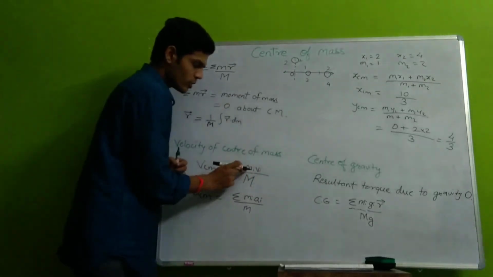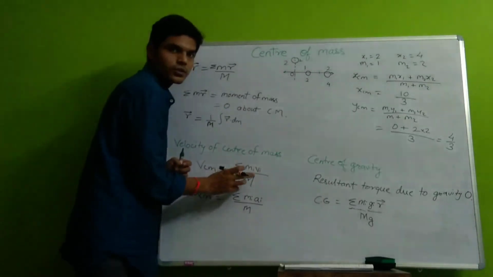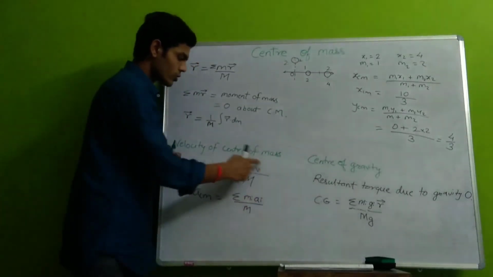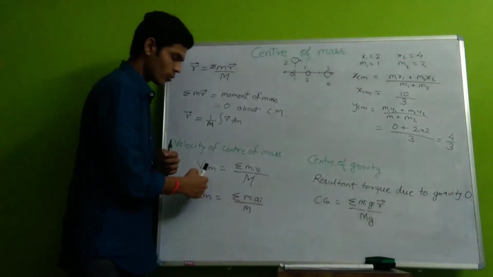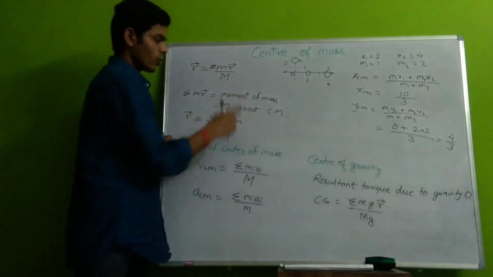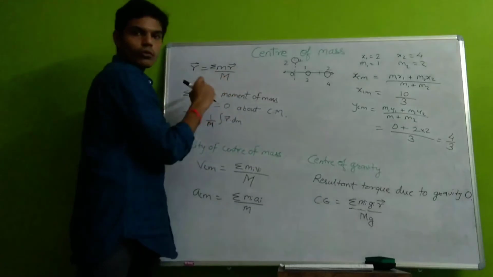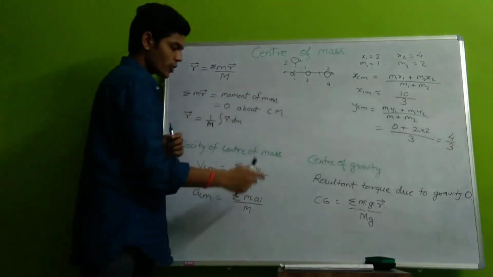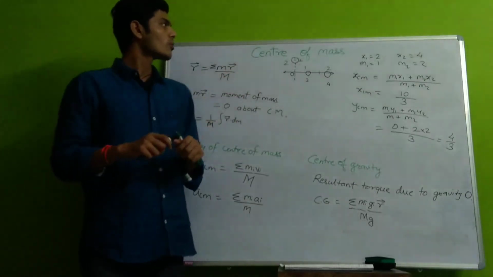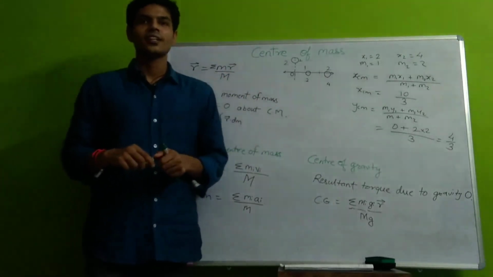So we can assume these small masses as weights and this is the total weight. So the location of the center of mass is a weighted mean of location, this is a weighted mean of velocity, and this is a weighted mean of acceleration. So that's all about center of mass. I hope you understand. Thank you.